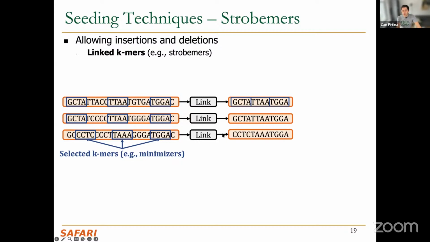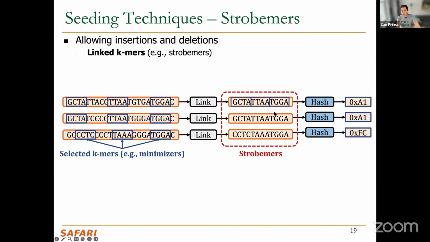So if two sequences share a series of minimizers, then they should end up generating exactly the same strobemer sequence, right? We call these strobemer sequences or strobemer seeds, because if they share the same series of minimizers, and we link them, they end up generating exactly the same sequence. So when you hash these, they are also supposed to generate the same hash value.